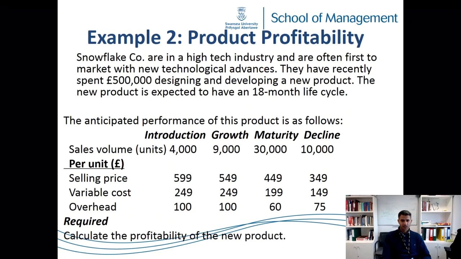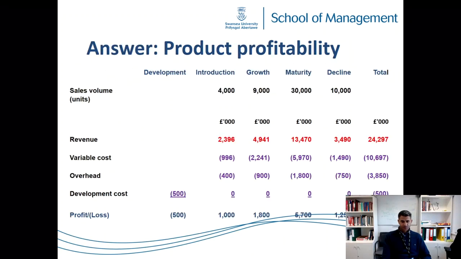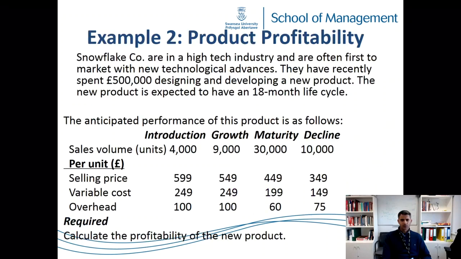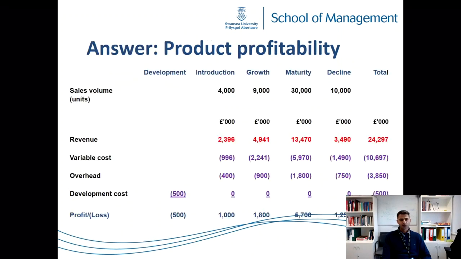Then you multiply the variable cost per unit, 249 times 4,000, giving 996,000, and also 4,000 units times 100, that's 400,000. So revenue minus these costs, the profit will be 1,000,000.